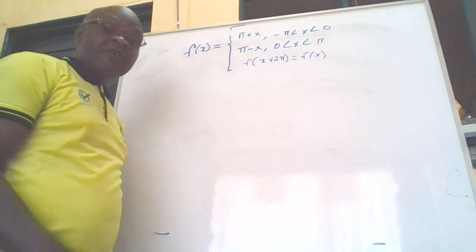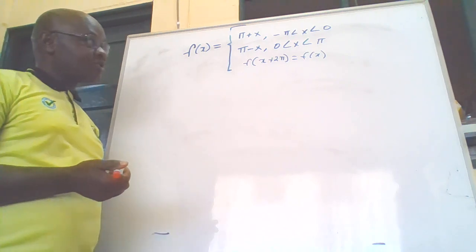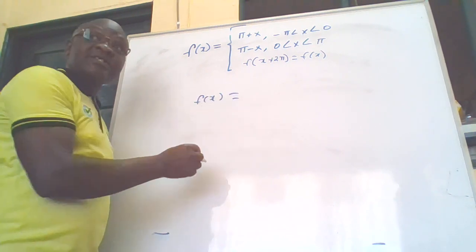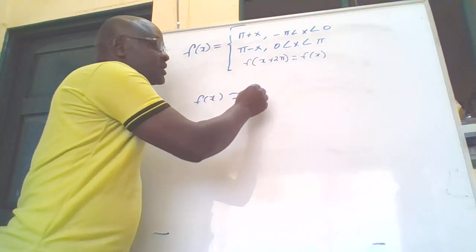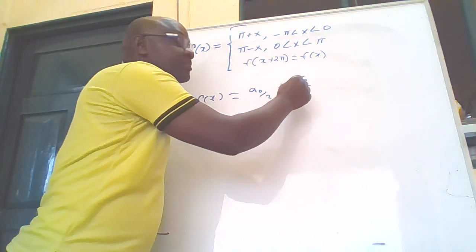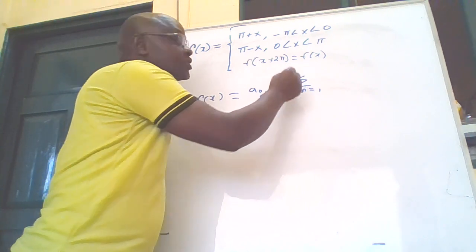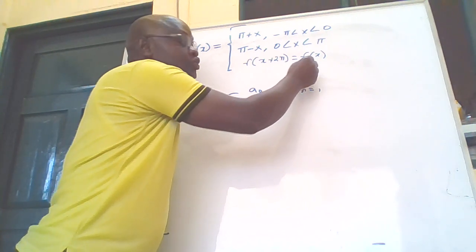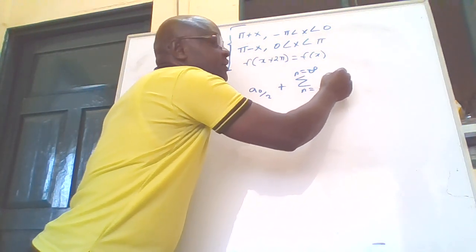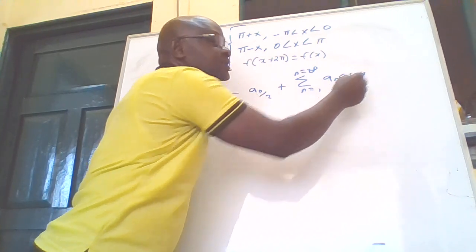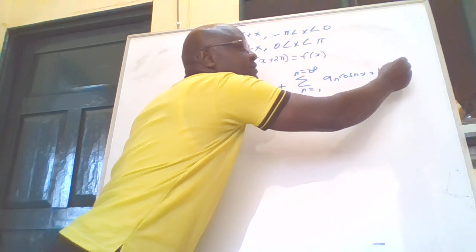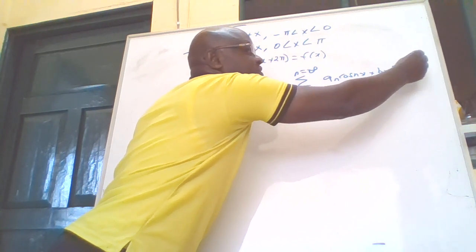Now, for us to get the Fourier series of this function, of course, we know that the Fourier series is given by a naught over 2 plus the summation from n equals 0 to n equals positive infinity of a n cos nx plus b n sine nx.